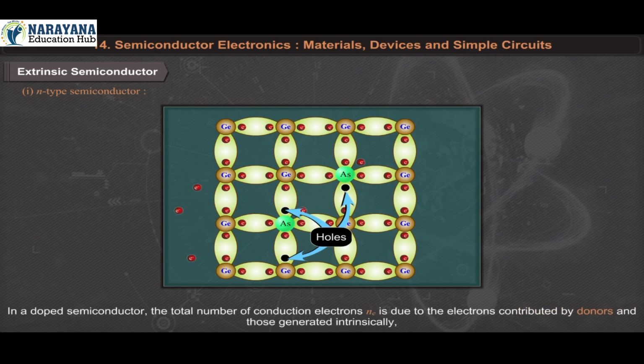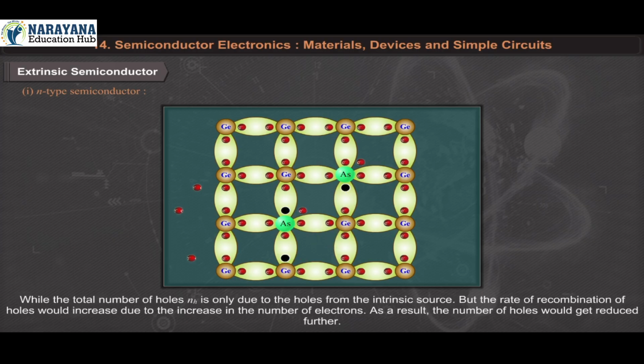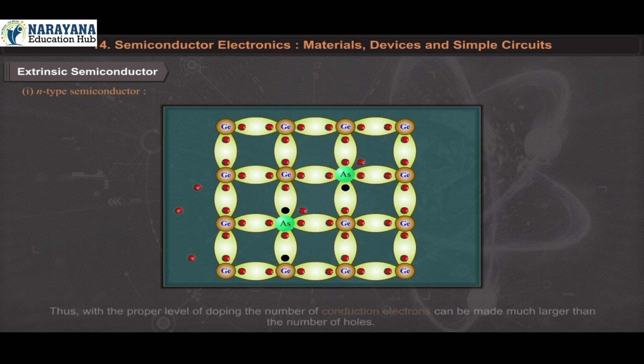In a doped semiconductor, the total number of conduction electrons Ne is due to the electrons contributed by donors and those generated intrinsically, while the total number of holes Nh is only due to the holes from the intrinsic source. But the rate of recombination of holes would increase due to the increase in the number of electrons. As a result, the number of holes would get reduced further.